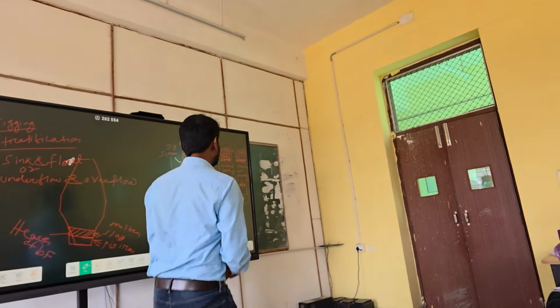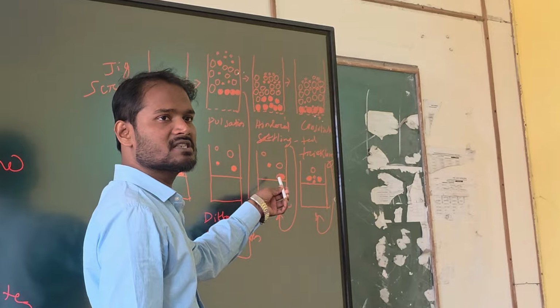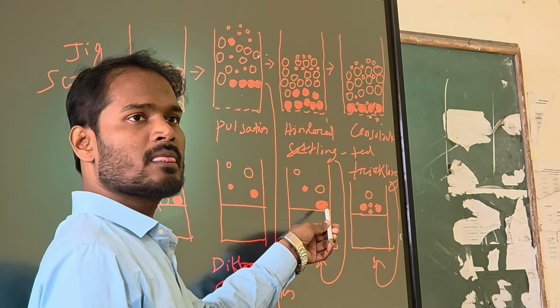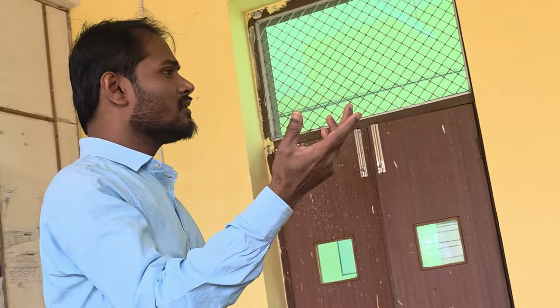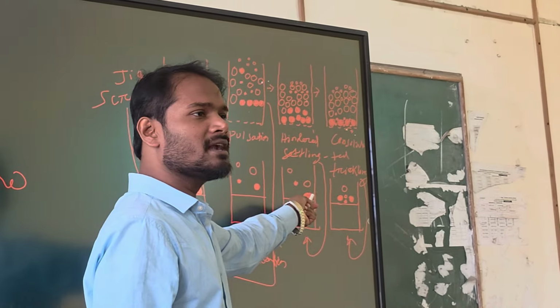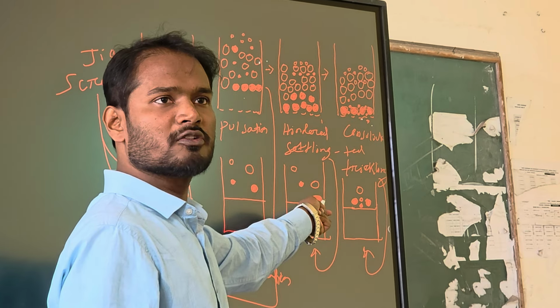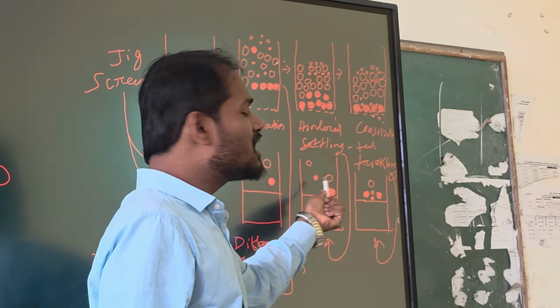So hindered settling will happen, and finally this condition will be reached. See what is happening? You remember, if the particle is coarser and denser, it will have more terminal velocity or more settling velocity. It will settle faster, of course. That's why the bigger and denser particle is at the bottom of the screen. And these are nearly close. Why?